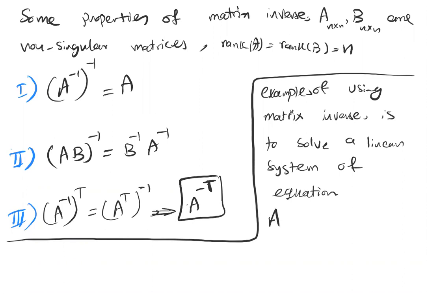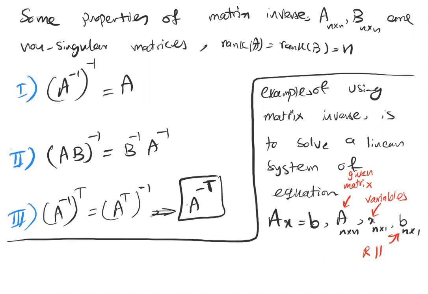So when we have A multiplied by X is equal to B, where A, n by n, is a matrix, X is a vector, and B is also a vector. A is a given matrix, it's our coefficients. X is our variables or unknowns, and B is the right-hand side vector.